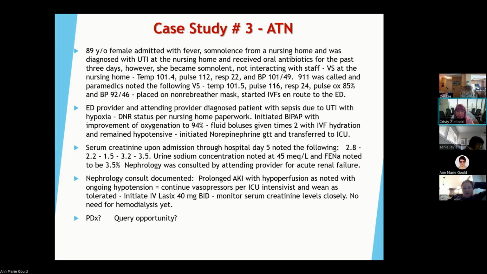And since the patient is a nursing home patient, you want to check whether the patient was on a Foley catheter, because the patient has a UTI. Is it a UTI due to Foley catheter? Right here, it doesn't say that the patient had a Foley catheter, so you just want to follow up. She also had a UTI previously, so the question is, has the UTI resolved?